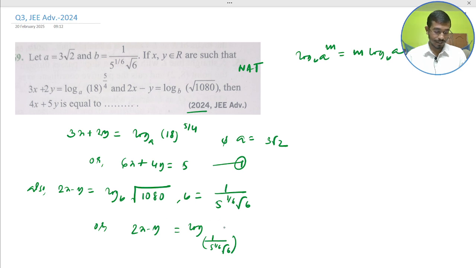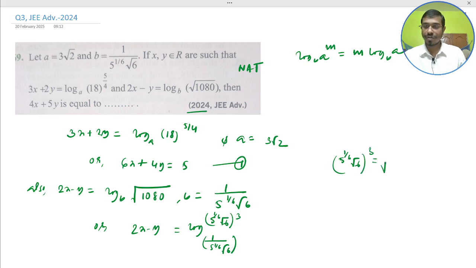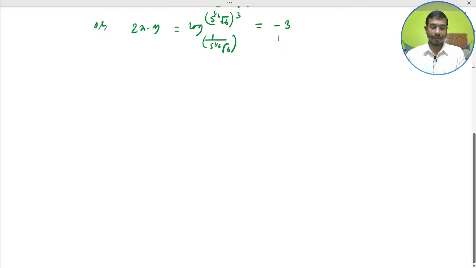Square root of 1080 means 5 to the power 1 by 6 into root 6 cube. This is equal to square root of 1080. So that would become minus 3. So our final line: twice x minus y equal to minus 3, equation number 2.